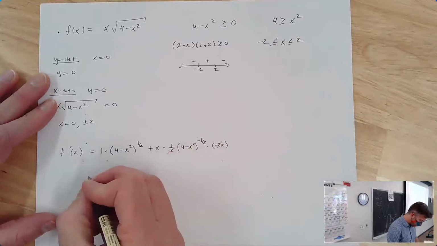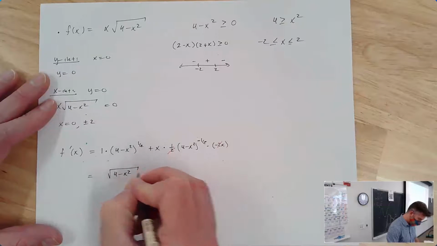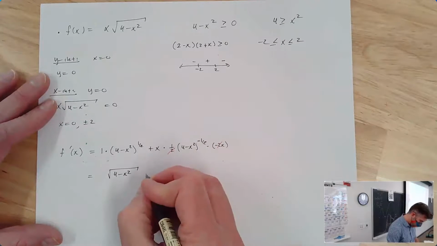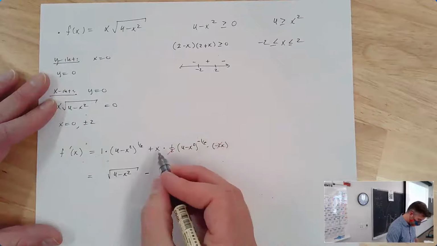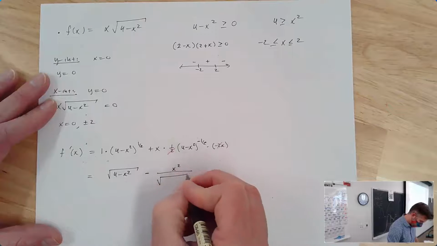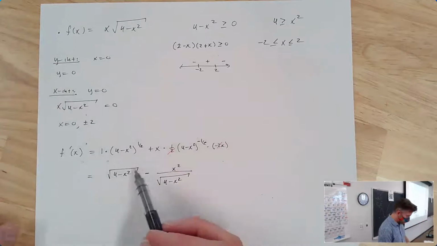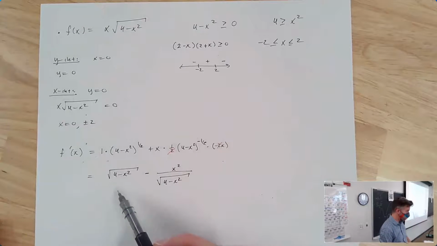I'm going to rewrite this using roots. I'm going to write this as the square root of 4 minus x squared minus, there's a minus sign there, x times x is x squared divided by the square root of 4 minus x squared. And then the idea is that we're going to multiply this by square root of 4 minus x squared over square root of 4 minus x squared to get the common denominator.